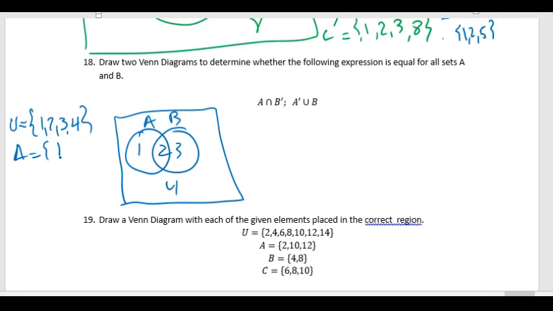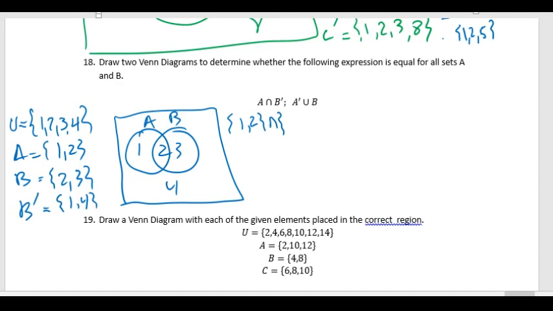A is 1 and 2, and B is 2 and 3. So A is 1, 2, intersected with B complement. B complement is 1 and 4. What do they have in common? 1. So we're going to shade 1.